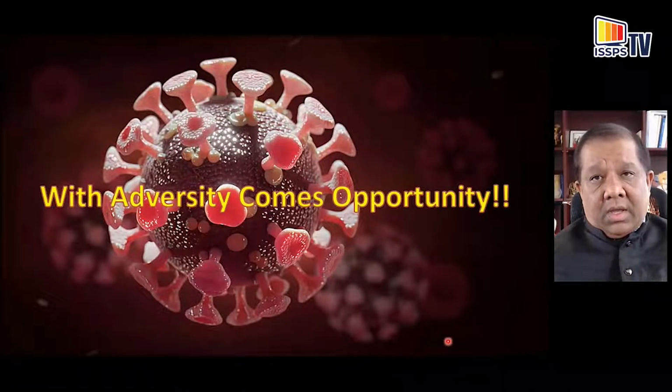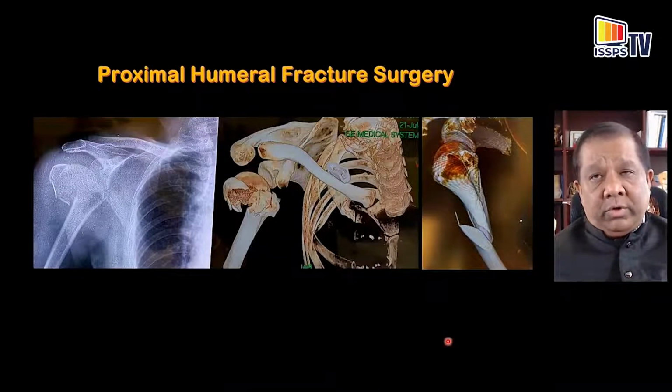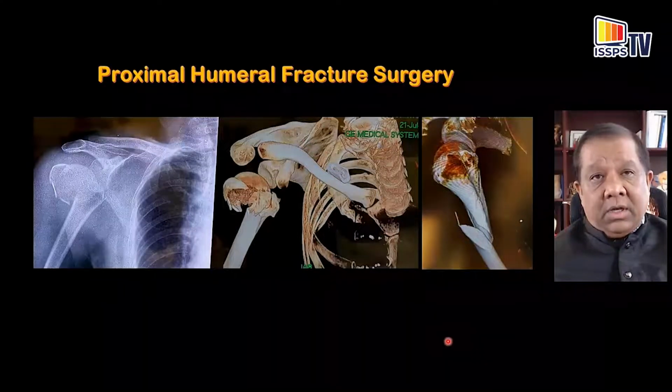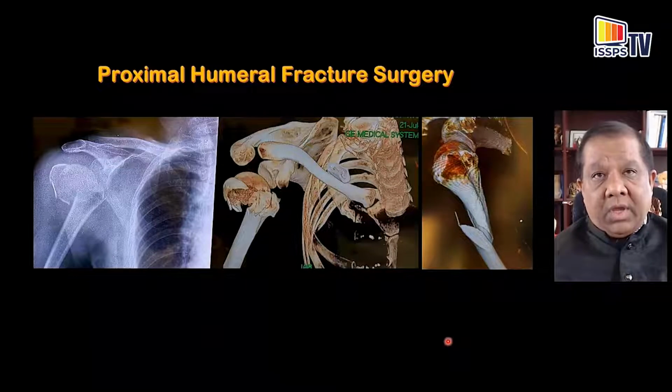The recent COVID-19 pandemic has surely brought a lot of doom and gloom across the globe. But with it, it has also brought a lot of opportunities. And one of these opportunities I'd like to share with you. When you look at patients who present for humeral fracture surgery, they can be challenging in that none of the currently available regional anesthetic techniques of the upper extremity can provide complete surgical anesthesia for these patients.